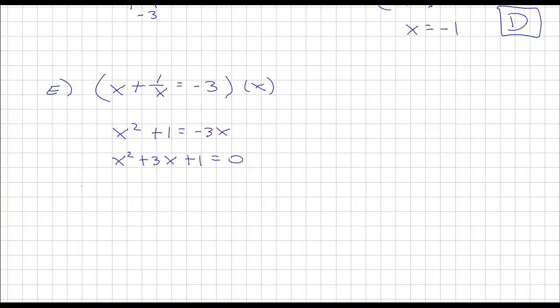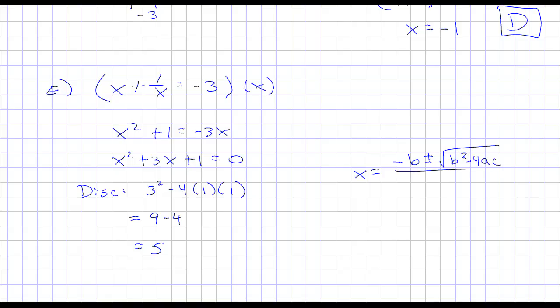And if you check the discriminant, you would get b squared minus 4ac, which is going to be 9 minus 4, which is 5. Now I'm not going to get a complex number, but since 5 is not a perfect square, in the quadratic formula, negative b plus or minus the square root of b squared minus 4ac all over 2a, this is what I've been calculating here. This is what we're calling the discriminant.